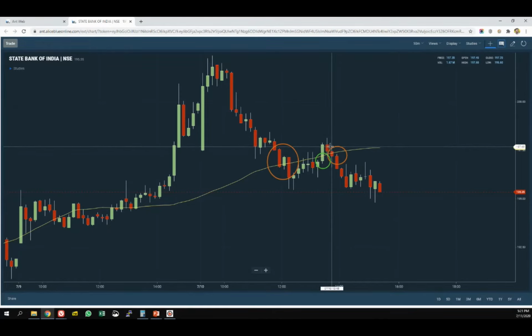So it's almost 65 paise. So you get signals like this. Same way, there is a sell signal here, and if you enter at 197.4, the price goes down to 194.8. That's a huge price difference, almost 3 rupees.